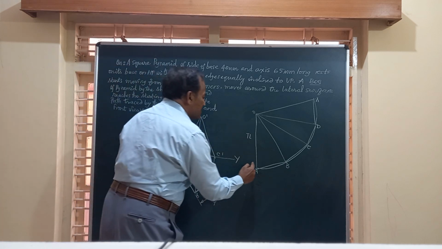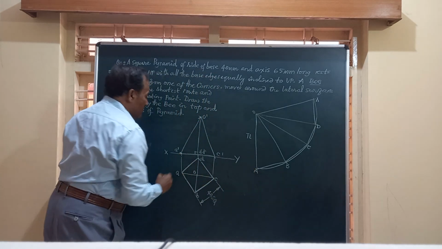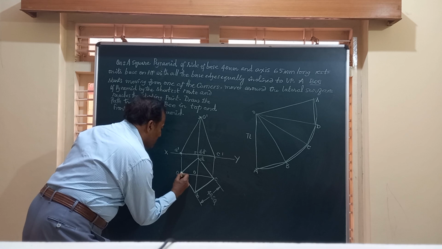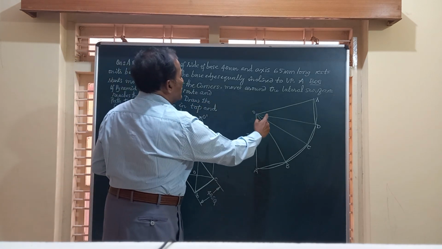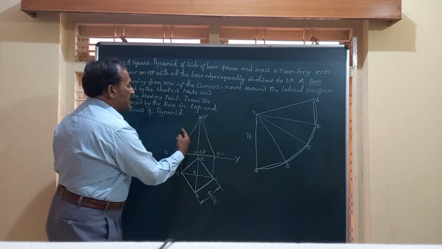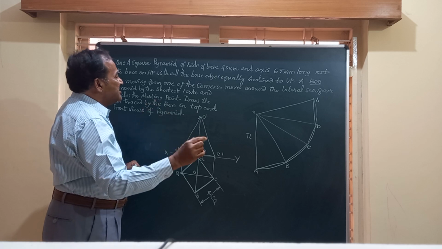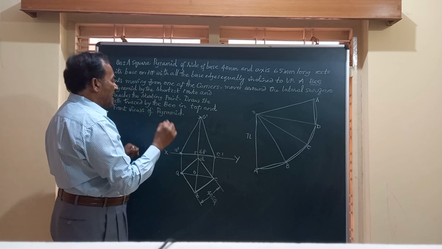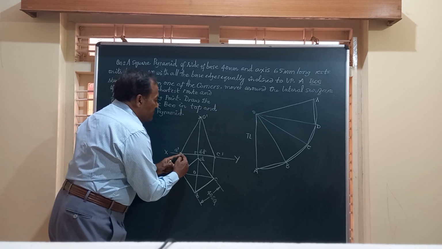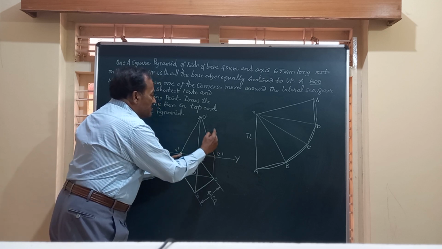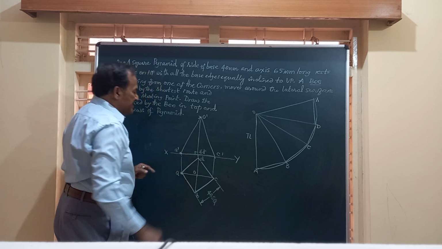One of the corners means say A. It is starting from here, one of the corners, which is this point in the top view, and moves around the lateral surface of this by following the shortest route and reaches back the position. That is, it will start from here, move around this, traverse the backside, and come back to the point A.